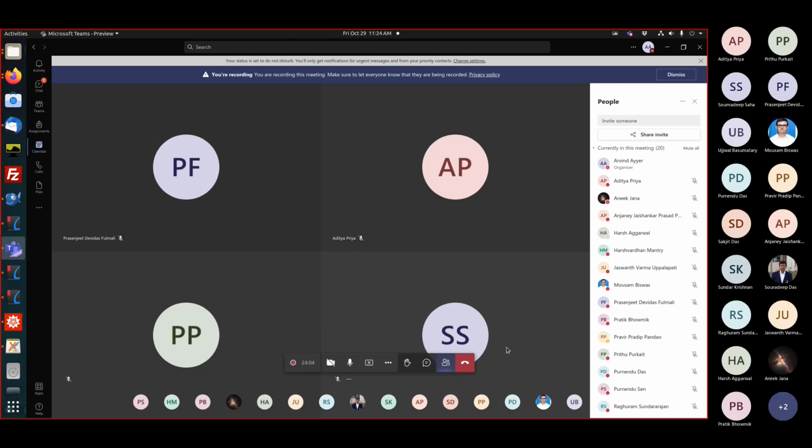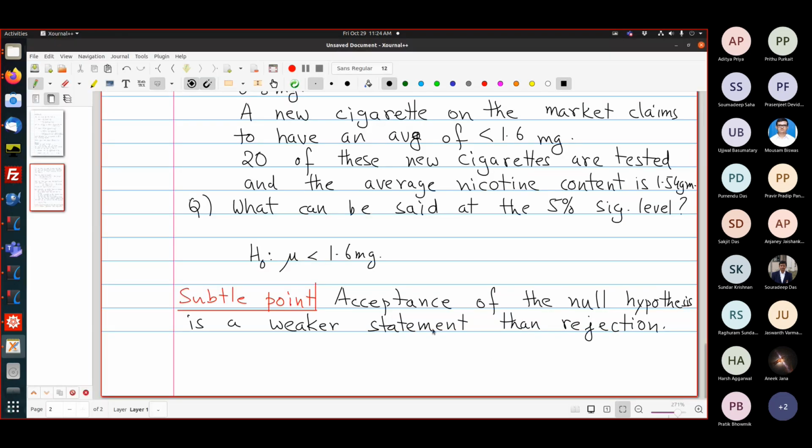And this is what the type 1 error says. The type 1 error, at significance level alpha, 5% in this case, is saying that if we reject the null hypothesis, there's only a 5% chance that we are wrong. Whereas if we accept the null hypothesis, this probability is much higher.